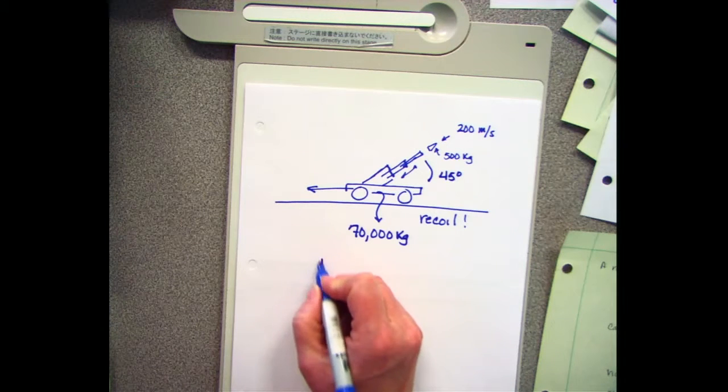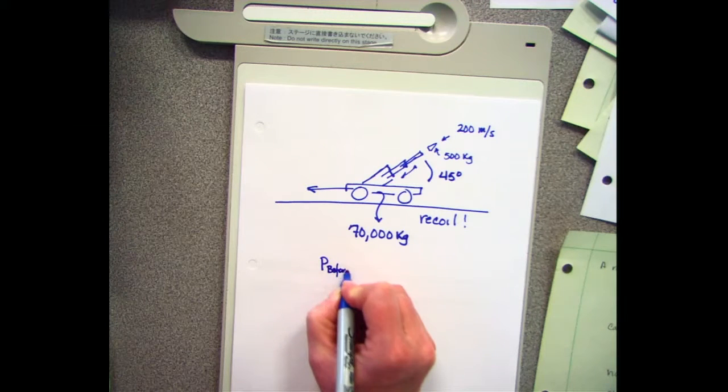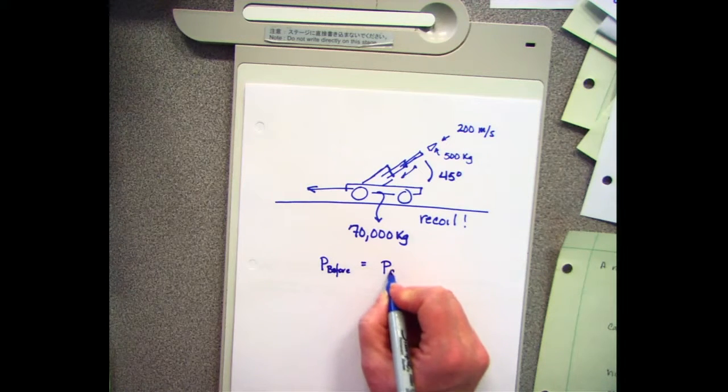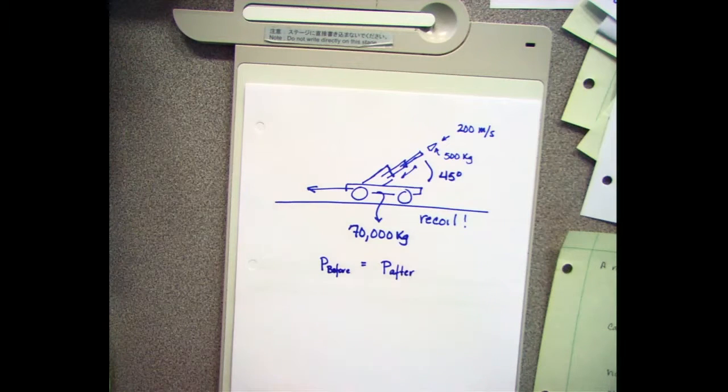So we know that the momentum before has to equal the momentum after. This is initially at rest, so my momentum before is 0.